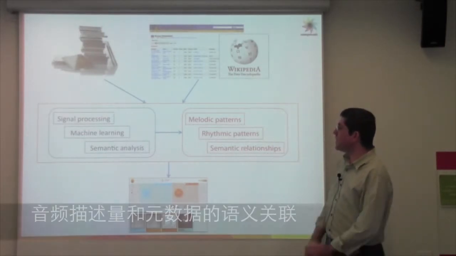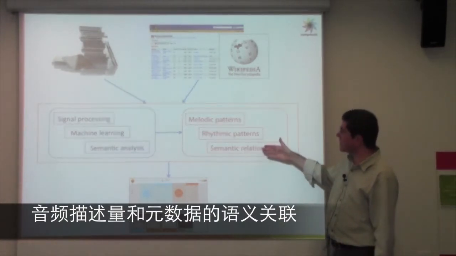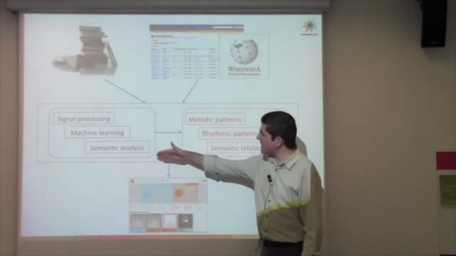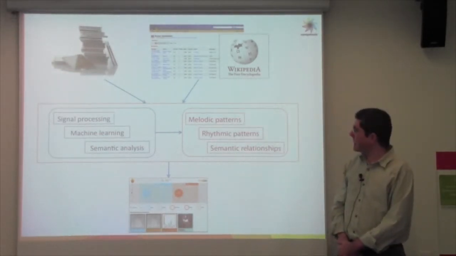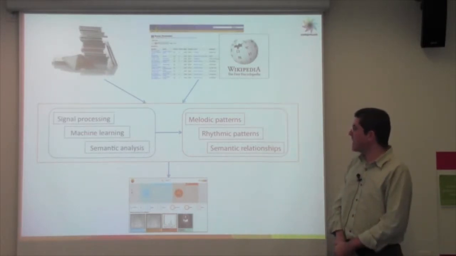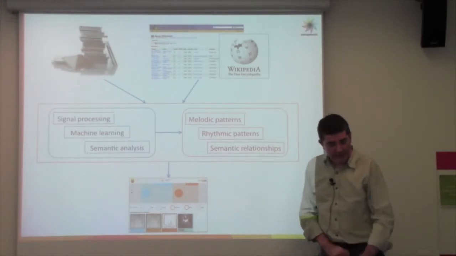And then there is this part of semantic relationships, and this is a part that we're not going to talk much about here. This is kind of the newest one, and that relates with semantic technologies, and it's basically focused on text-based analysis and analyzing relationships that we can obtain from that. So we will be basically focusing on audio-related tasks.